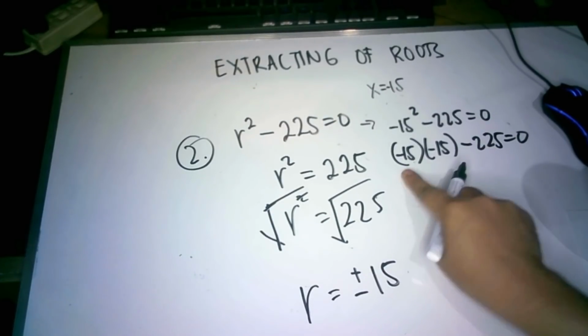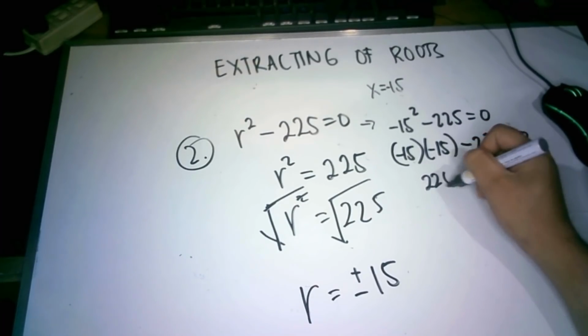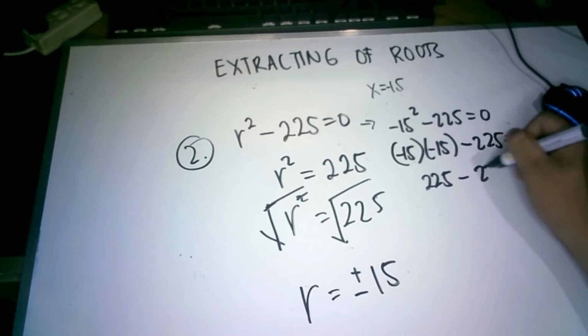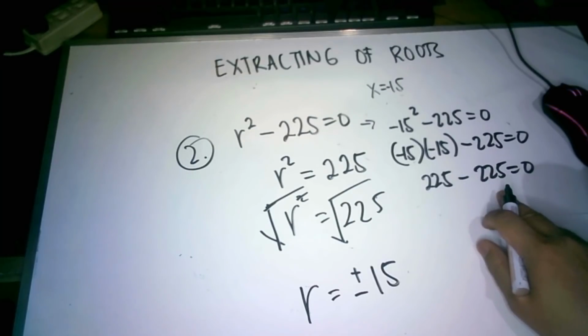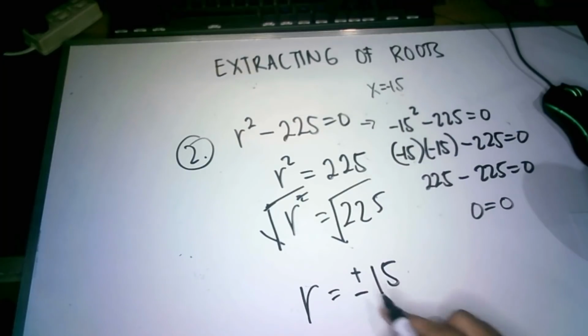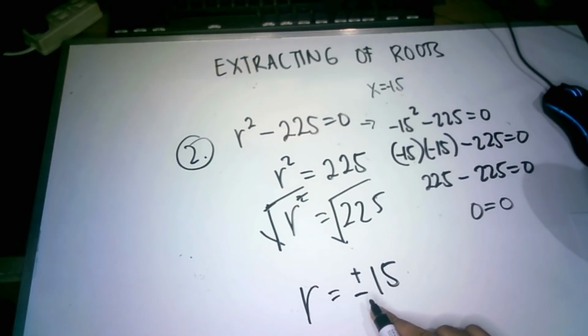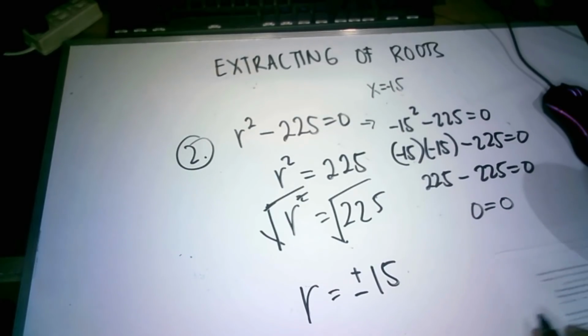So, what is negative 15 times negative 15? Of course, it is positive 225 minus 225 equals 0. So, makikita natin na 225 minus 225 is 0. So, correct pa rin yung tinatawag nating negative 15. So, dalawa yung value, positive at negative, when you apply the square root.